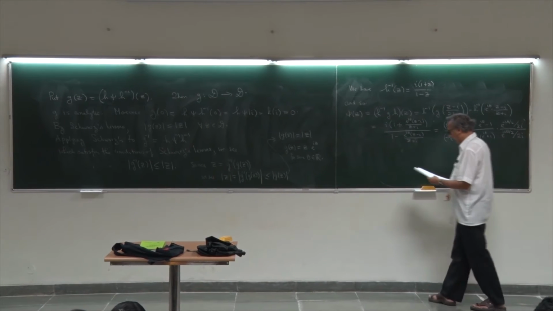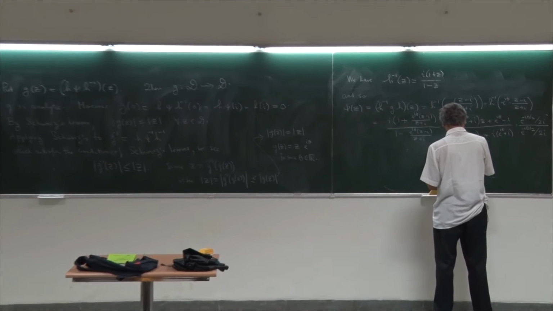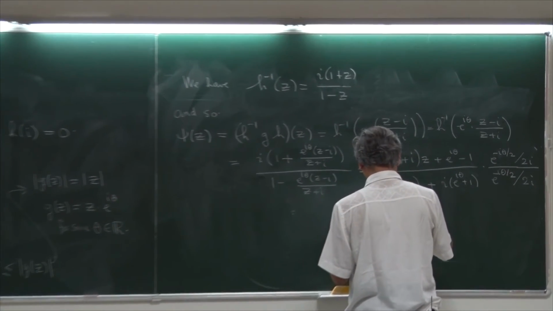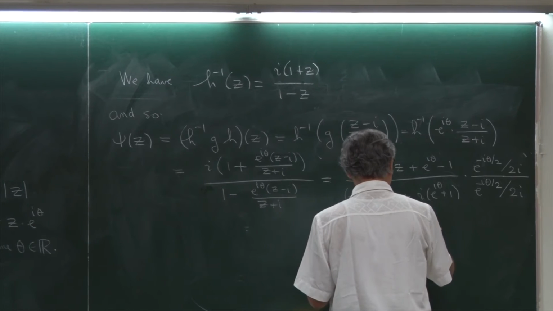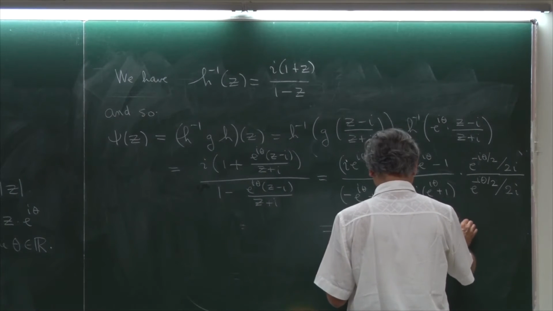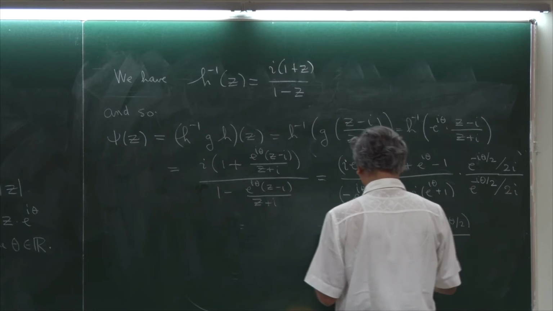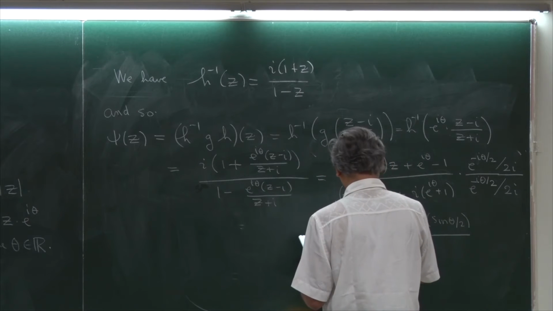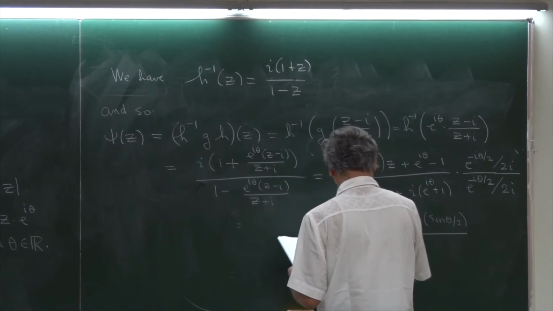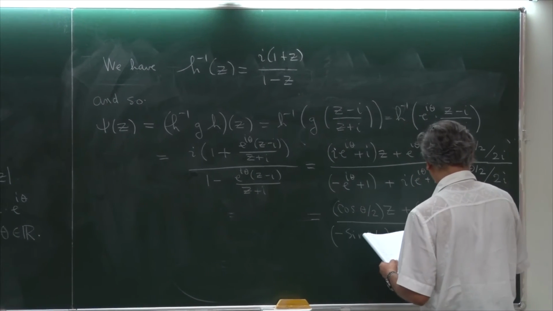So that we end up getting that this is actually equal to cos theta over 2 z plus sine theta over 2, divided by minus sine theta over 2 z plus cos theta over 2.